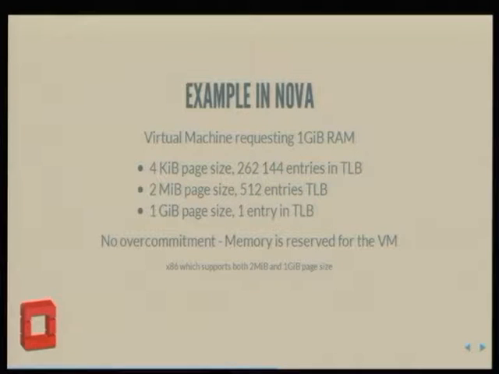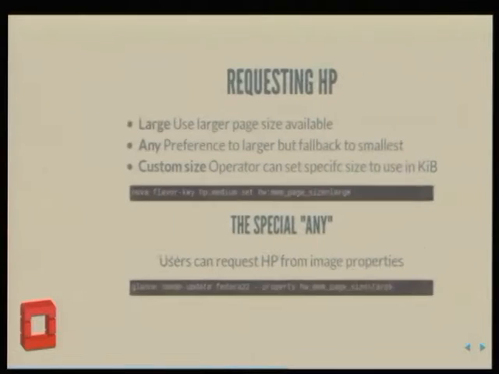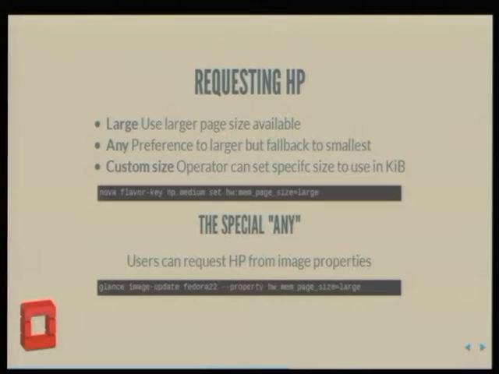Different architectures have different page sizes, but that's not necessarily important here, other than knowing that we had to somehow expose this through the API in a smart way, because you don't want to make assumptions on what kind of hardware you're running on.